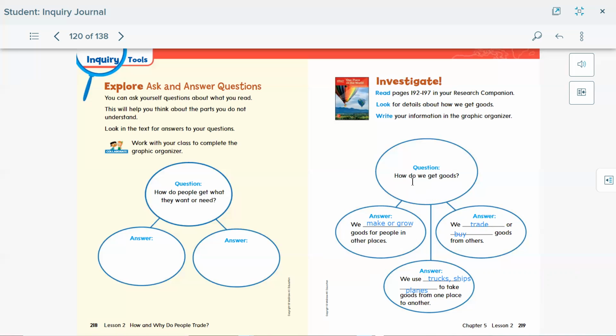So this was the answer for how do we get our goods, or how do we get the stuff we need. We just say that either you make it or grow it in the place and for people in other places, or we trade and buy it, or we use trucks, ships, and planes to ship it from one place to another, or you buy it from another place.